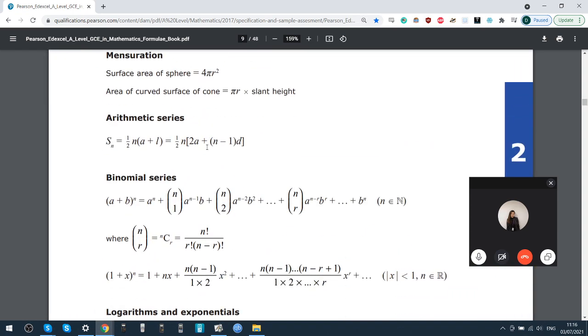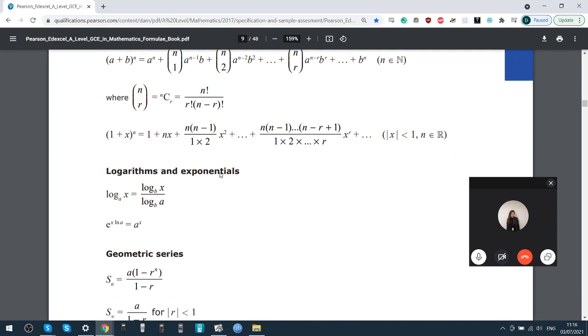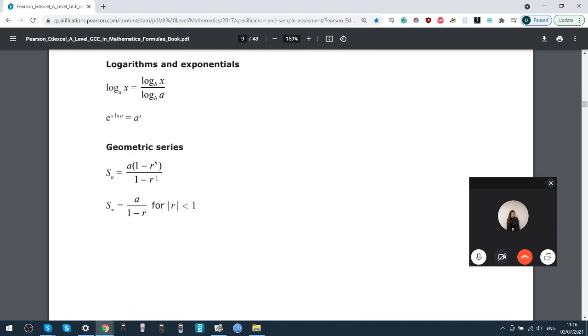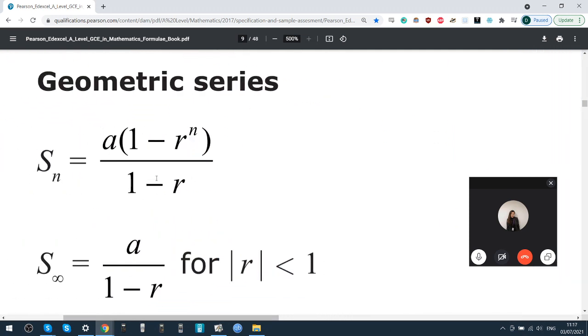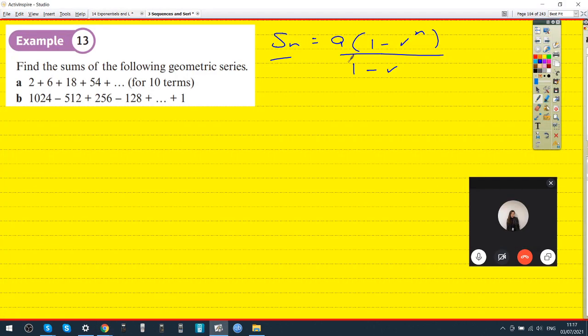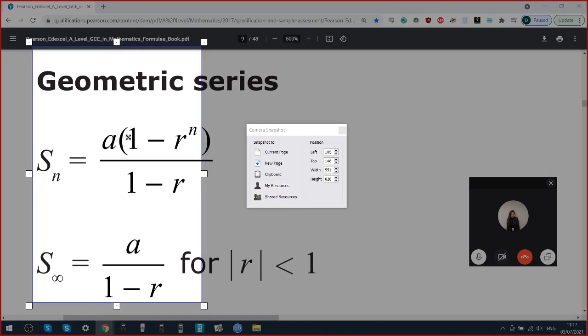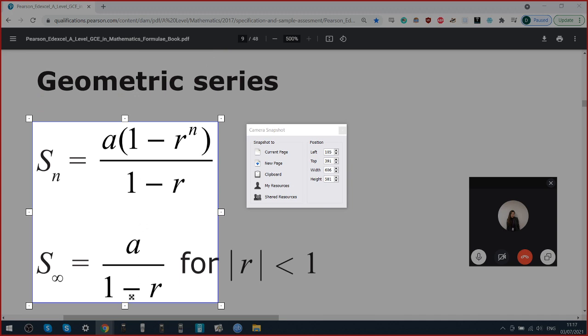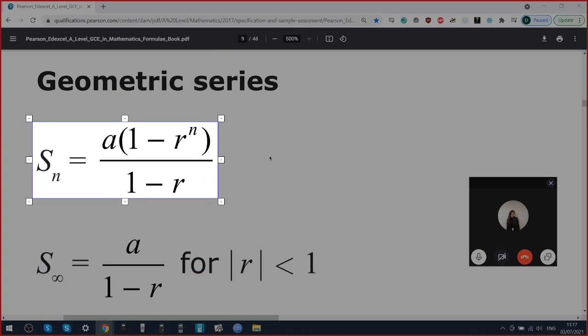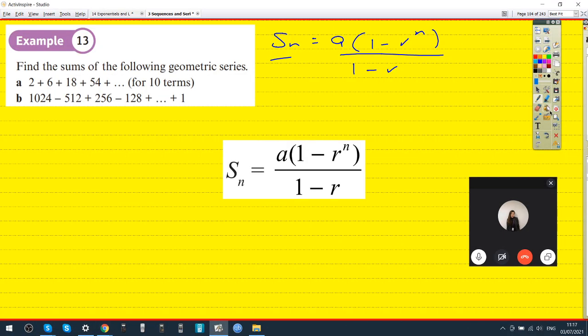Arithmetic they give. Geometric, yeah, there we go. But obviously you kind of have to know what you're looking at. It's geometric if it's multiplied by the same thing each time. Okay, let's try it.